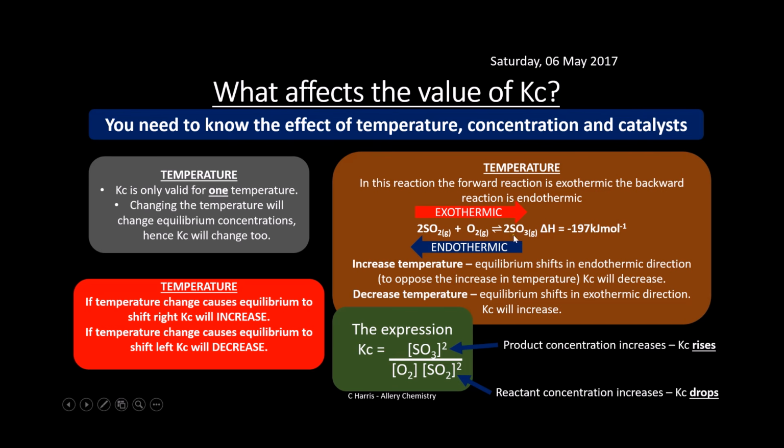So the product concentration, if this increases, if I get more product, then the value of Kc will rise. Having a bigger number on here and this number remaining constant on the bottom will make this number increase. If the reactant concentration increases, either one of these, then this over a bigger number will make this smaller, so Kc drops. So just see this a bit like a fraction really.